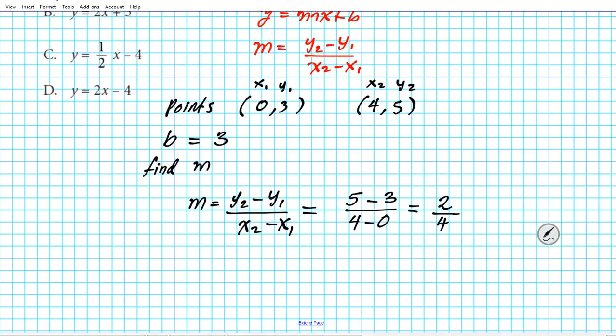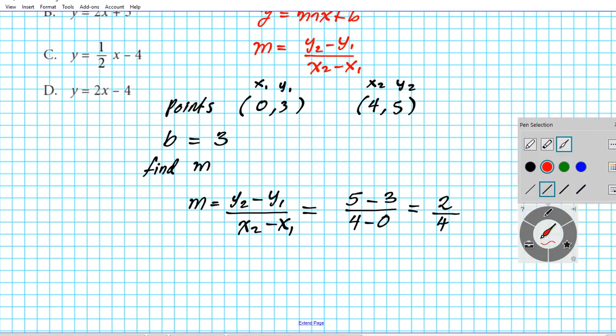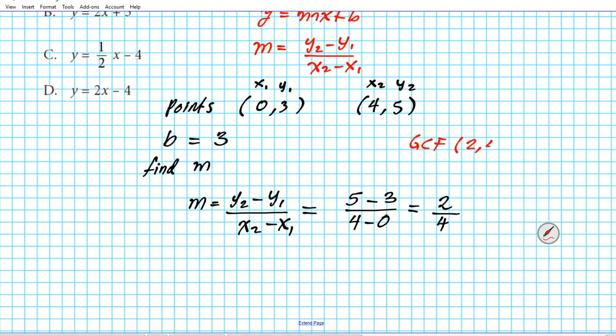Now, what is 2 divided by 4? Don't get tempted to call this 2. That's a common mistake a lot of students make. So you want to reduce it completely, okay? So if we want to reduce this, we will be dividing by the greatest common factor, the GCF, the biggest number that can go into these two.